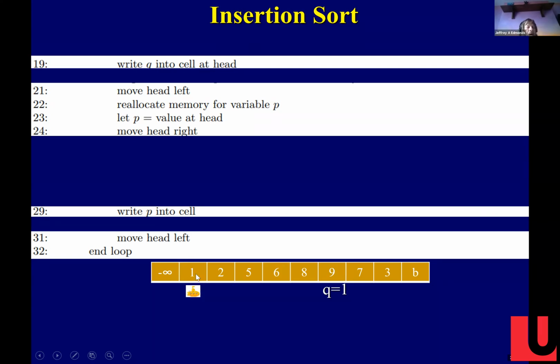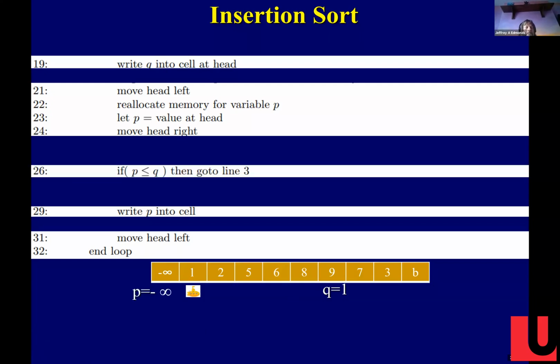What we were about to do is write Q here, write P here, because we're shifting the value over. But before we shift the value over, we're going to check, hey, which is which? If P is less than Q, then what does that mean?